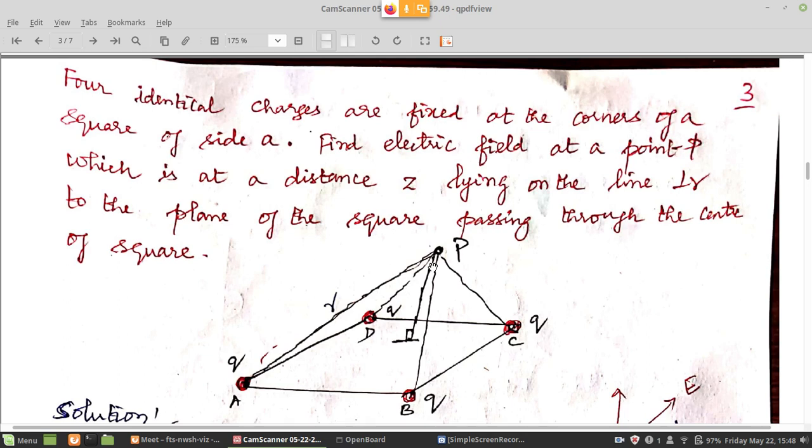So basically 4 point charges are sitting at the four corners of a square. We don't want to calculate the electric field at the center of the square. What is the electric field slightly above the center, at a distance Z? The point P is above the square.